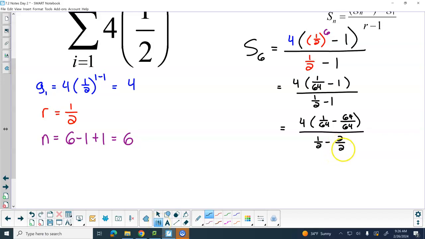One 64th minus 64 64ths. One half minus 2 halves.